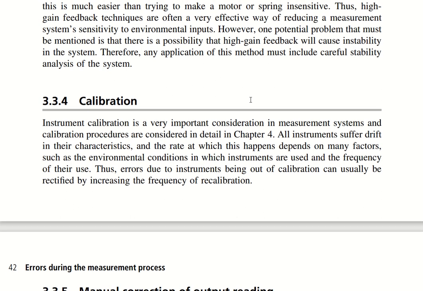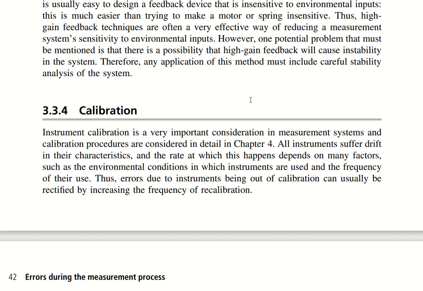Now let's see other few points. First one is the calibration, because calibration, as I've said, is very important. Calibration in the measurement system is considered in detail in upcoming chapters, but all instruments suffer drift in these characteristics, and the rate at which it happens depends on many factors, like the environmental conditions in which instruments are used and how frequently they are used.